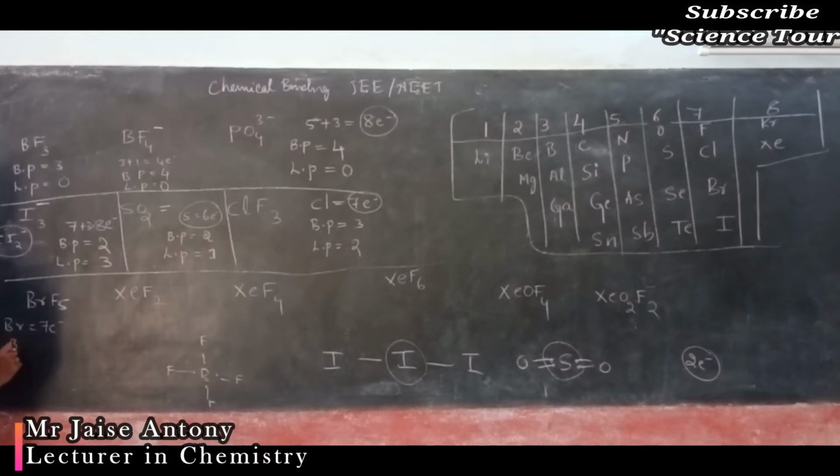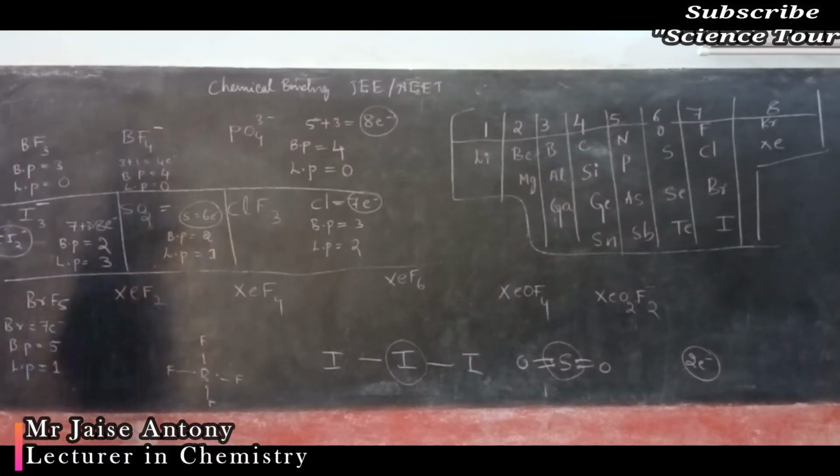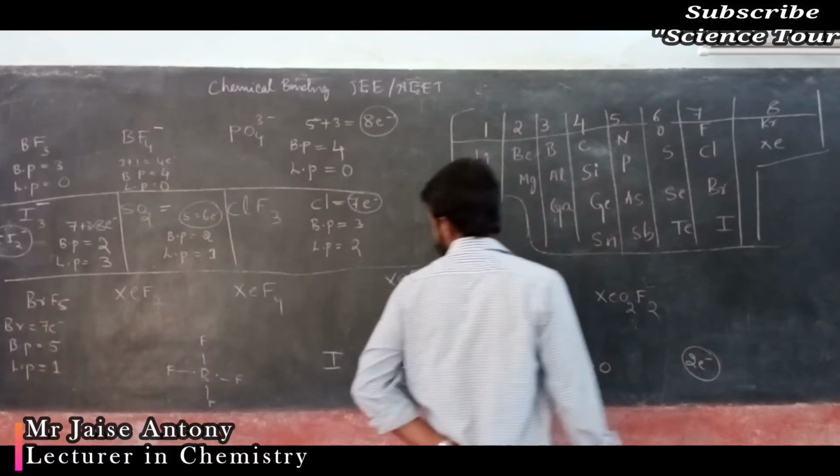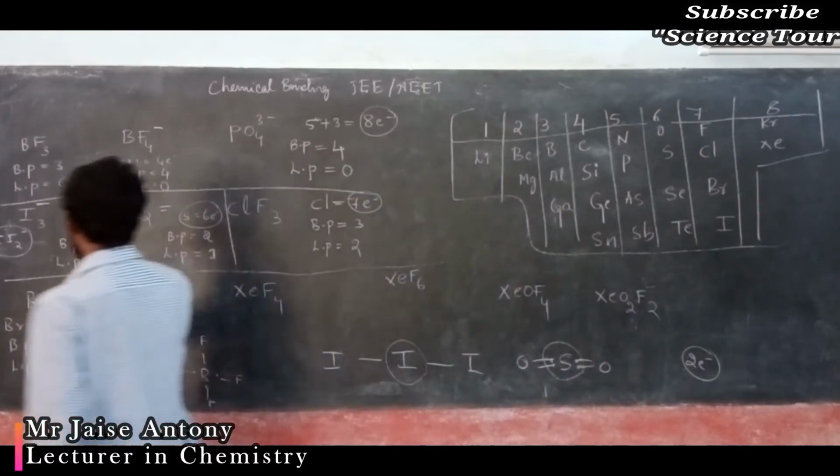That means bond pair of this one is 5. Understood? Not 5 electrons, 5 bond pairs. And remaining electrons, 7 minus 5, 2 electrons. That means lone pair present is 1. Remember, 2 electrons means 1 pair. Don't get confused with the term.